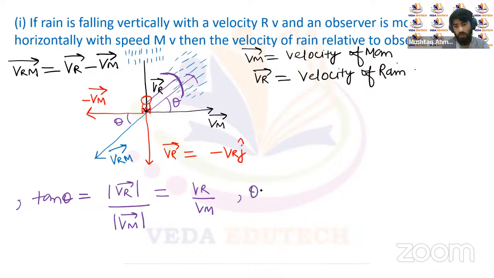From here, theta equals tan inverse of VR upon VM. This is how the person will keep his umbrella with respect to the horizontal in order to protect himself from the rain.